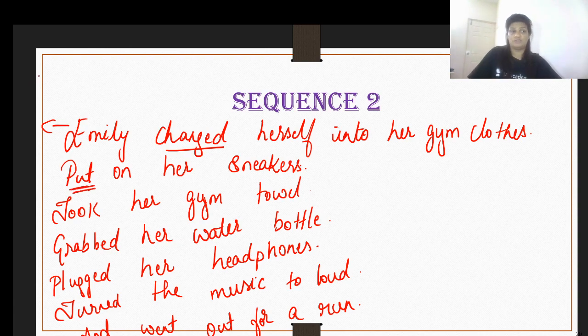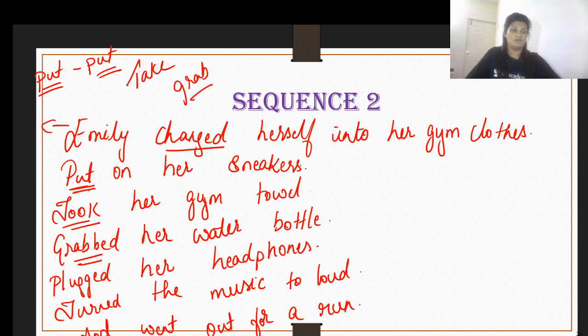Put is the past tense of put. There is no different word for put. It remains the same in past tense as well. So put on her sneakers. Took is the past tense of the word take. Took her gym towel. Grabbed is the past tense of grab. Grabbed her water bottle.